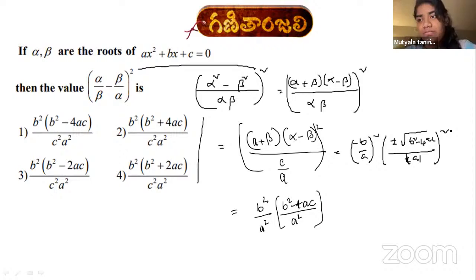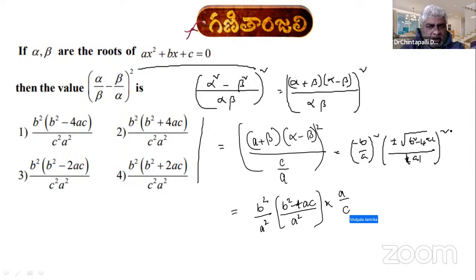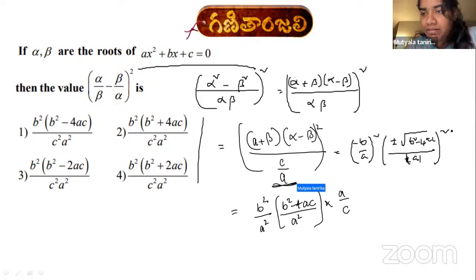But sorry, I missed this part, sir. Just wait. A times a by c. Why a by c? This is the denominator part. Square on both sides. A square by c square.